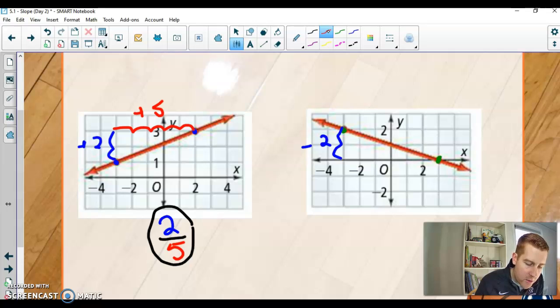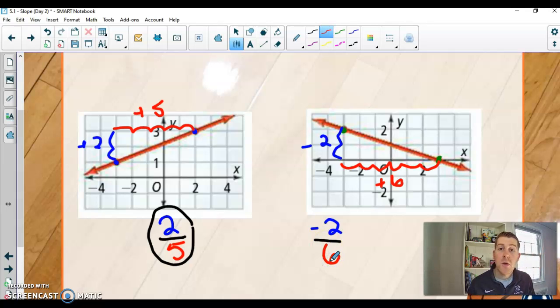And my x values are going over 1, 2, 3, 4, 5, 6. So I'm increasing by 6. Then my slope would be -2, because my y values decreased by 2, and my x values increased by 6, so it's -2 over 6. The last thing we always want to do is simplify our slope. So -2 over 6 simplifies to -1/3.